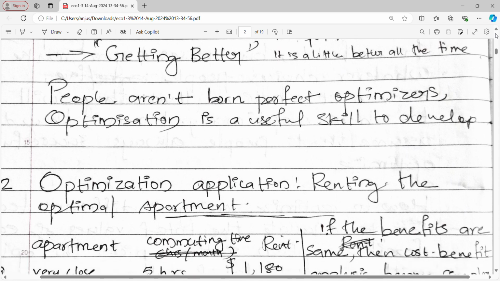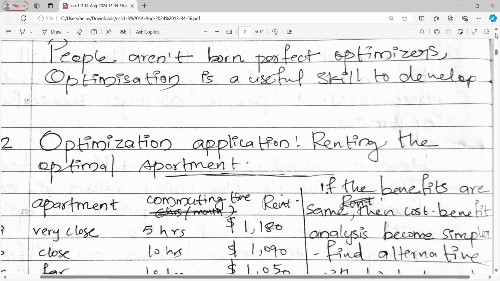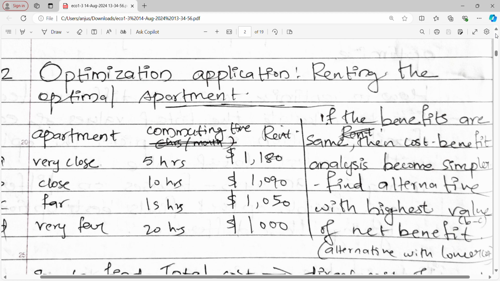So let's step to 3.2, which handles the first optimization application of calculating the total value. Here we are considering the example of rental apartments, renting the optimal apartment. You are provided with 4 apartments.